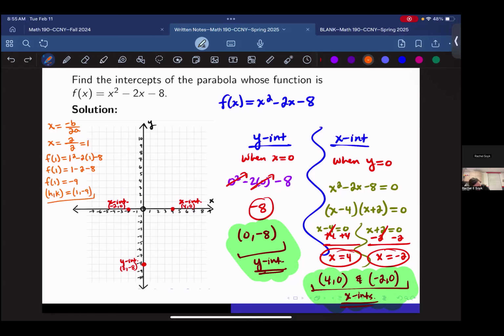And then let's go ahead and plot this on the graph. This is our vertex. And then we can plot in our axis of symmetry too. And we know based off of our a value, a is equal to 1, which is greater than 0, so it fans up.